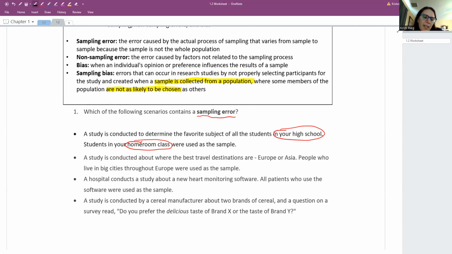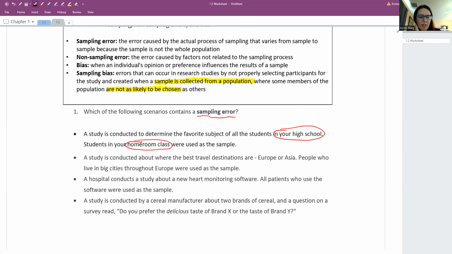Okay, next, a study is conducted about where the best travel destinations are, either Europe or Asia. People who live in big cities throughout Europe are used as a sample. They didn't really say how they chose them, so we'll give them the benefit of the doubt that they chose them using a valid method. And they're asking people throughout Europe in the big cities, and it seems reasonable.